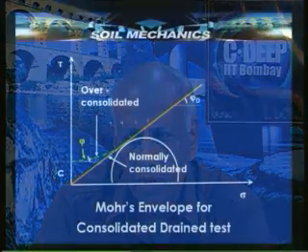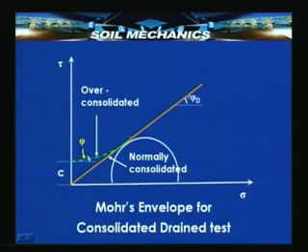So, if it is a normally consolidated soil, we will get a straight line envelope. If on the other hand it is an over consolidated soil, it will show a higher strength as given by this green dotted line, until the applied normal stress becomes equal to the pre-consolidation pressure, and beyond that, once again the Mohr circle of the over consolidated soil follows the envelope of the normally consolidated soil.